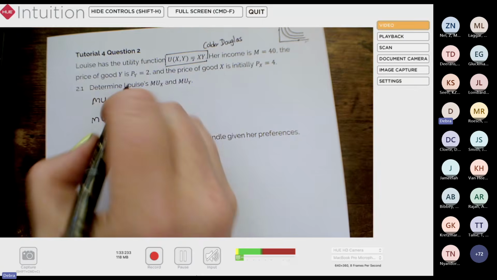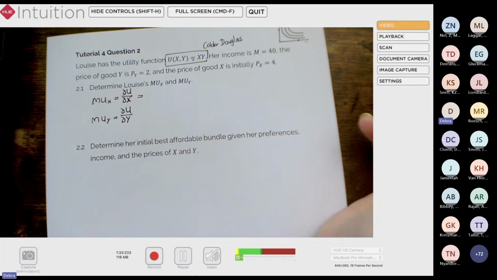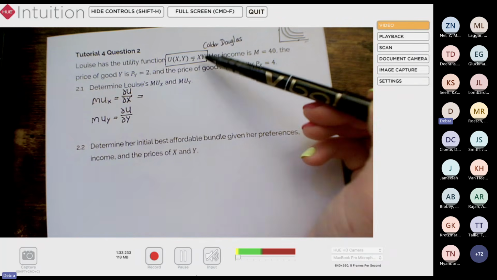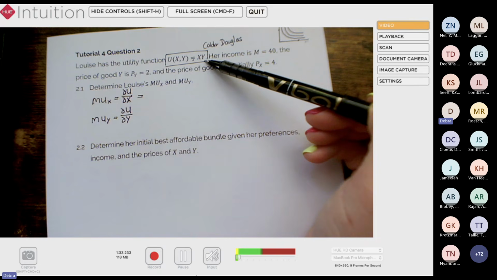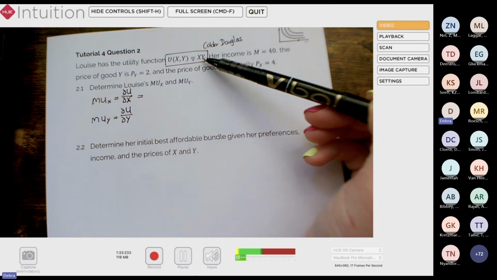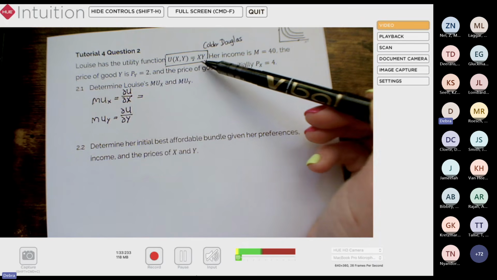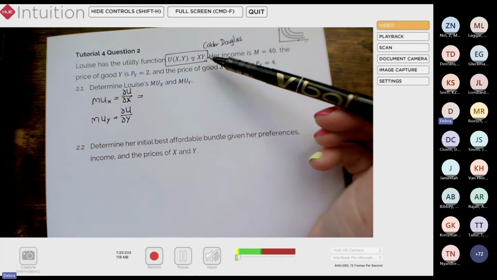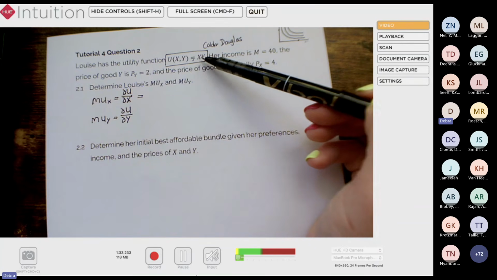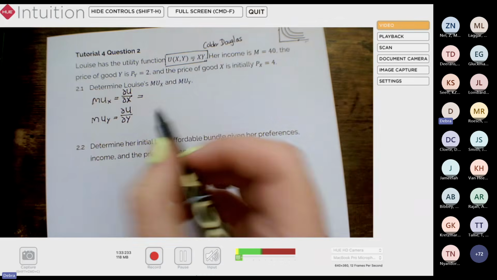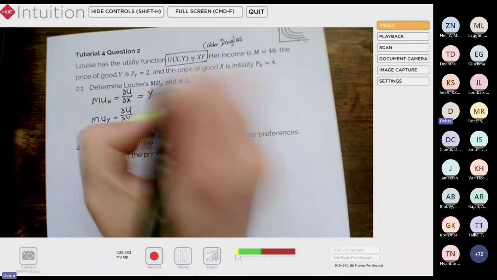So if I take the partial derivative of this utility function with respect to x, I treat y as a constant. All I'm doing there is making x the only variable in this function. So if I take the first derivative of x times y with respect to x, I'm going to be left with y.